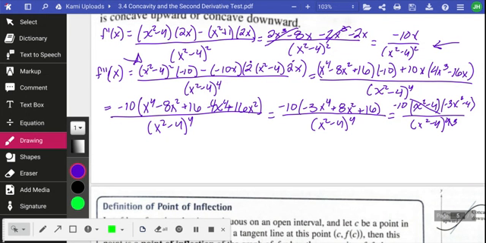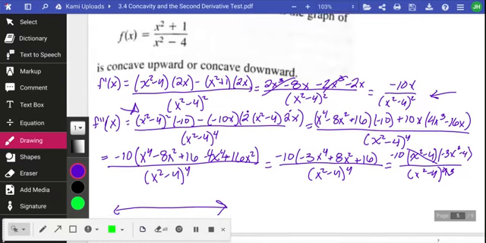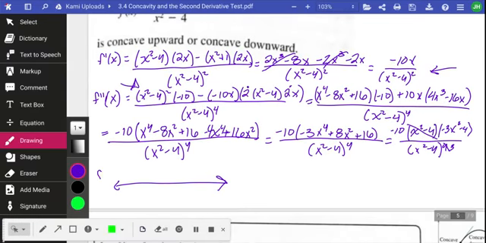And so what I know, though, is when I do my number line, I have to pick values that make the derivative undefined, but are defined here. We have to test around places like that. And then also I need to figure out what makes the actual function equal to 0. And so I would use a zero product. Where the top is equal to 0 is going to be where this is equal to 0.